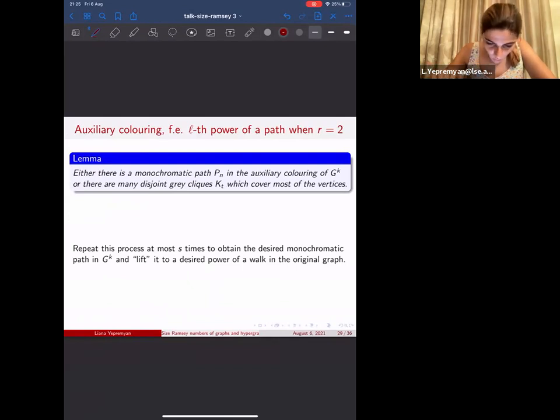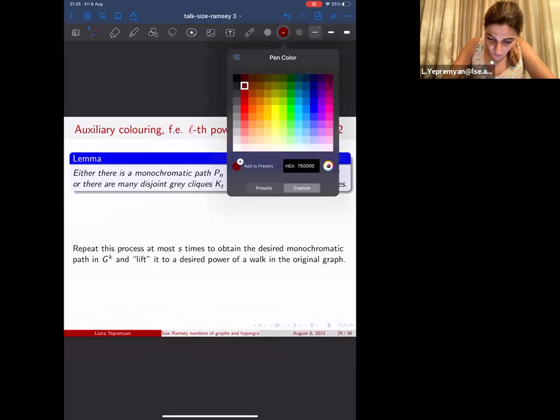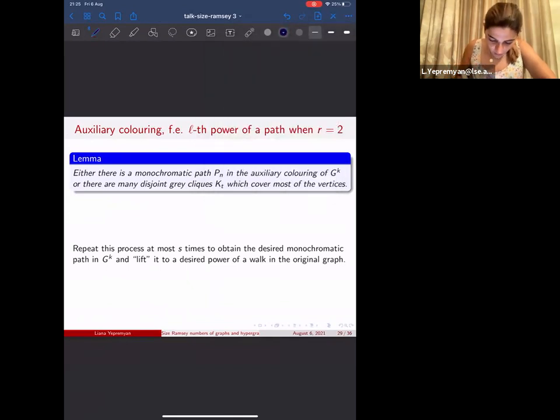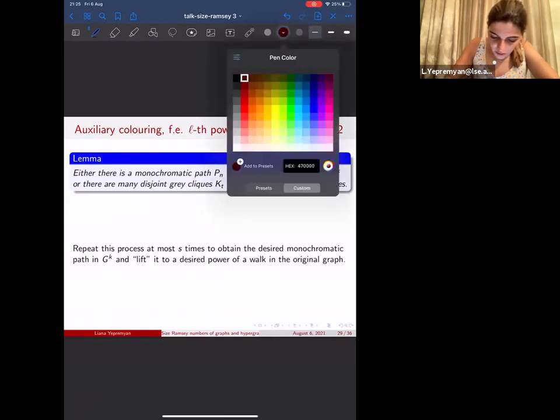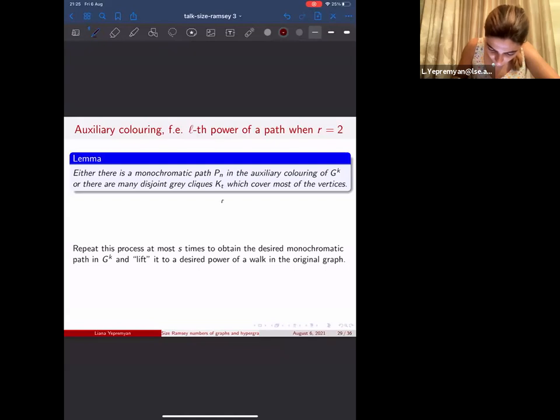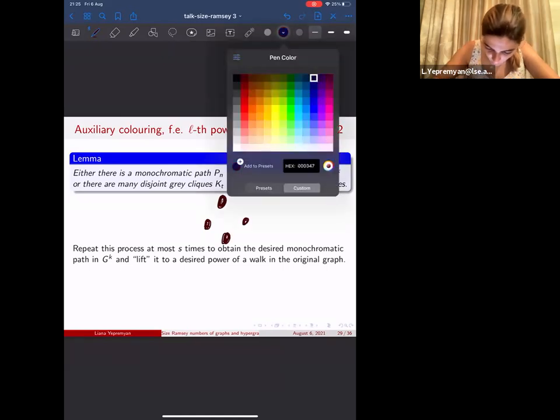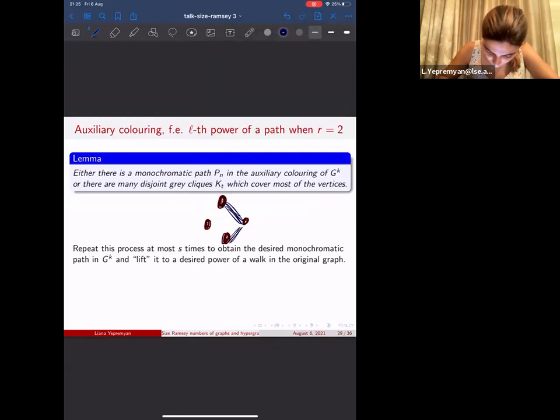What this allows us to do is that you either are able to find a long monochromatic path, or if not, what you end up seeing is structures like red blobs and between them, say blue edges, all of them.